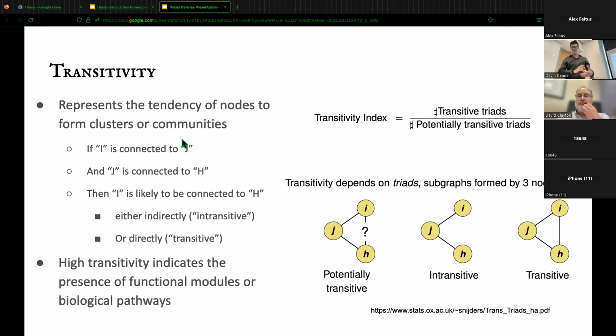And it turns out from studies done on social networks in humans, and studies applying graph theory to biological molecules and building biological network models, that the tendency to form these triads or triangles tends to be rather correlated with some kind of functional modules, or in our context, something like a biological pathway. So it gives us some insight into the level of organization in the network.